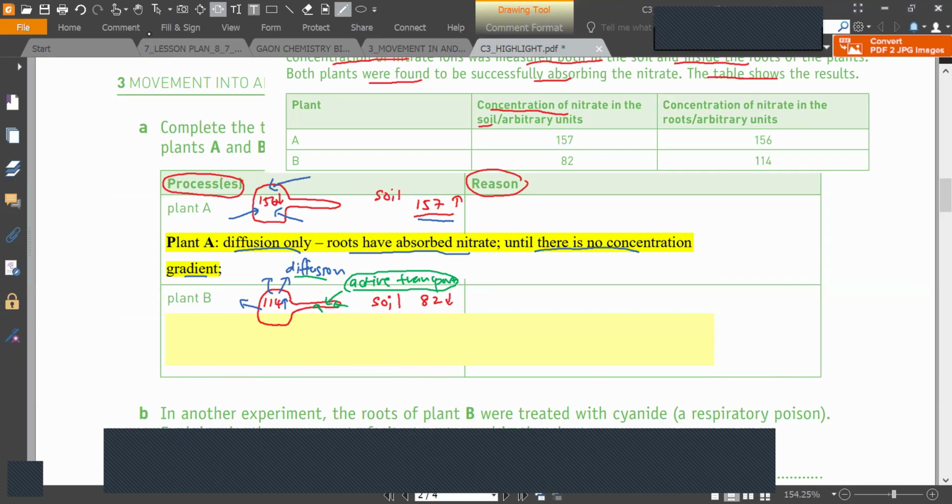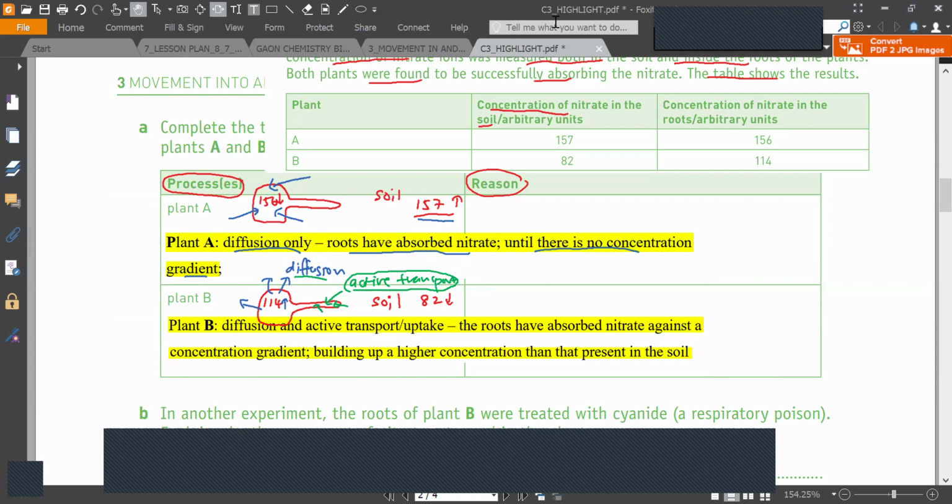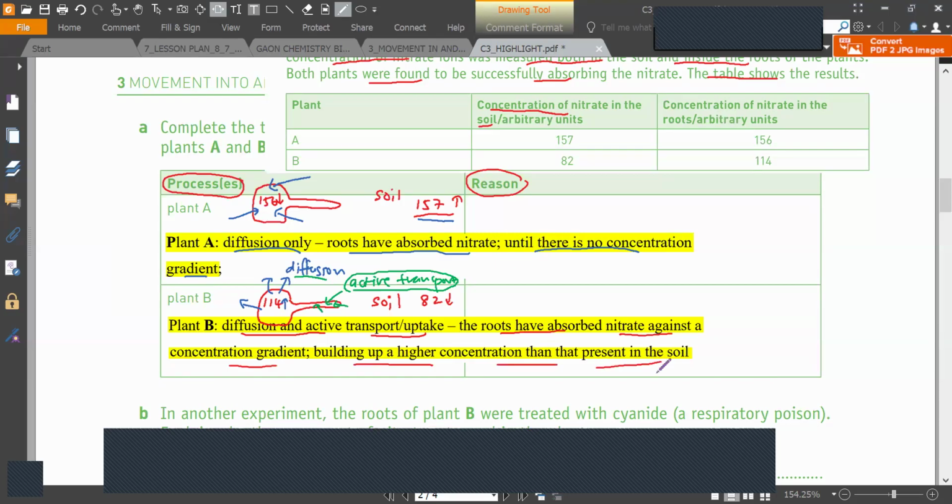So that is the concept for this question: we expect both diffusion and active transport. The root has absorbed nitrate ions against a concentration gradient, building up a higher concentration than that present in the soil, so it needs to work faster than the diffusion so it does not lose the ions.